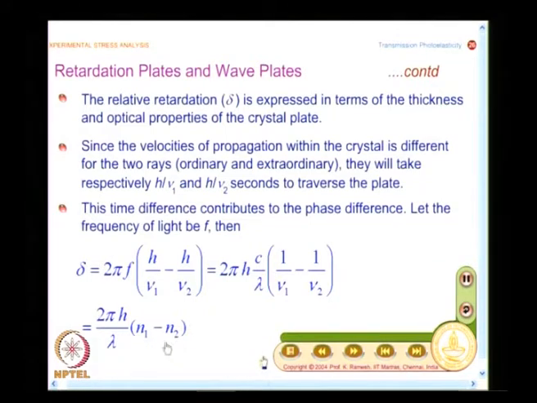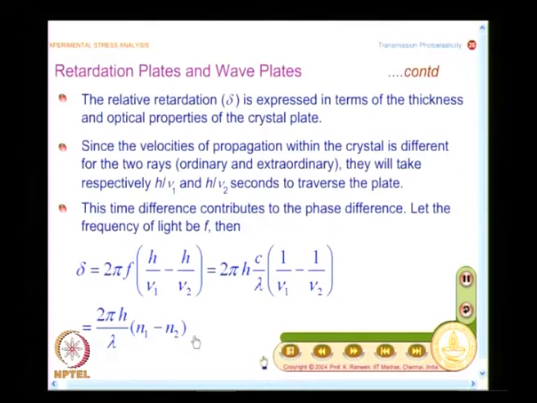These are absolute refractive indices, and you have to note a very important observation on this expression. I have the expression for delta, given as 2 pi h by lambda into (n1 minus n2).